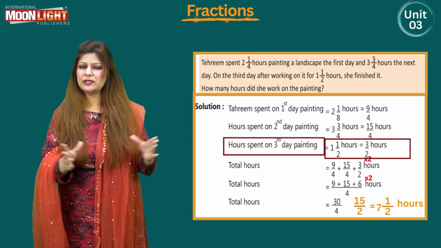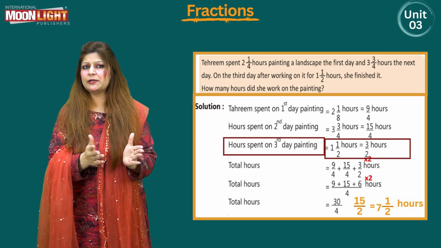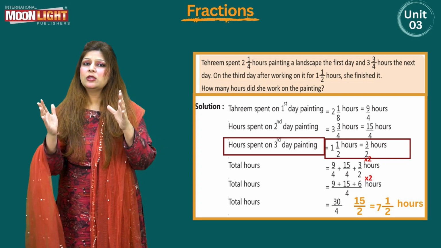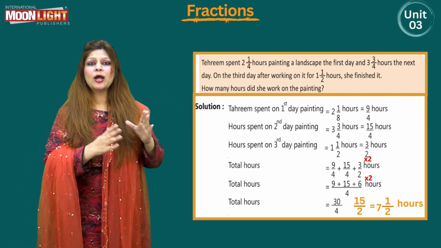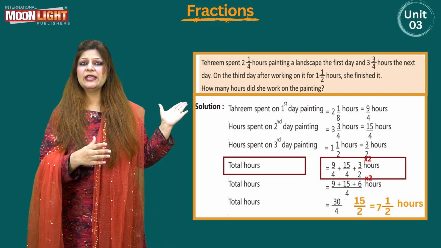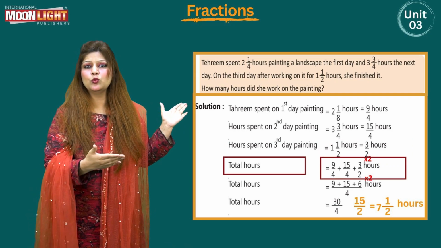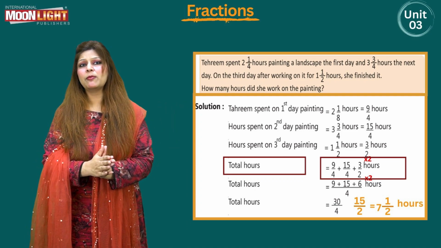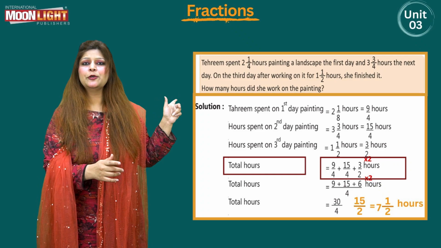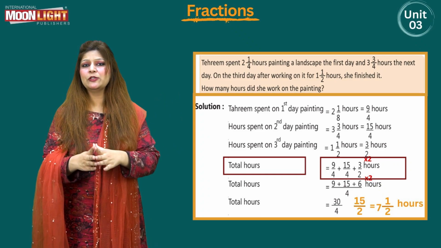You can create the statements according to the words suitable, which I have underlined for you. So hours spent on the third day painting is 1 whole 1 by 2 hours. Again I convert this into an improper fraction: 2 1s are 2, plus 1 is 3, so 3 by 2 hours.